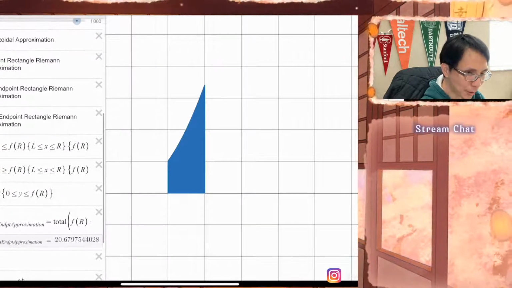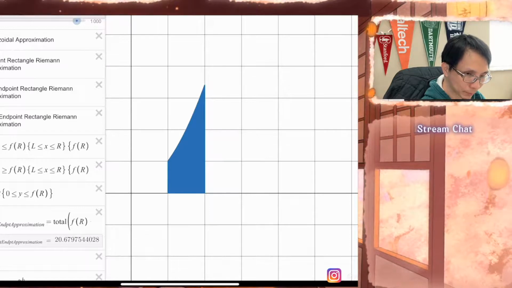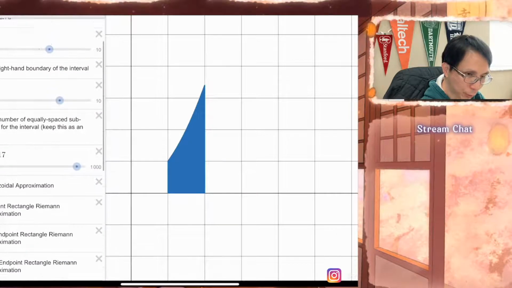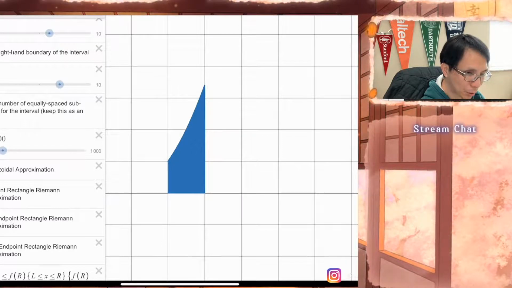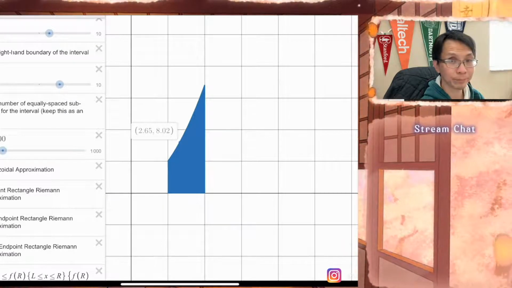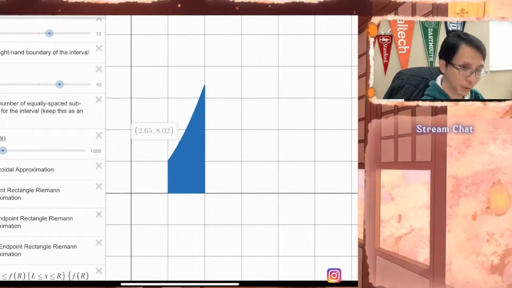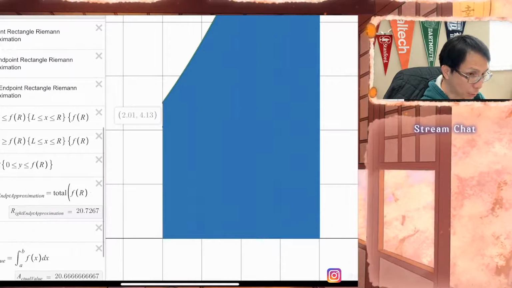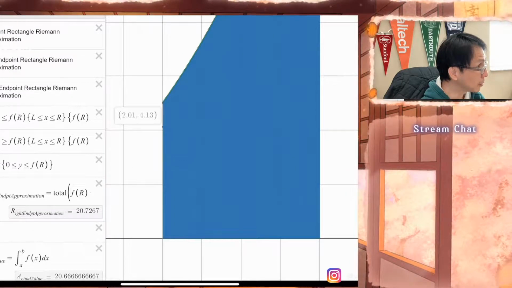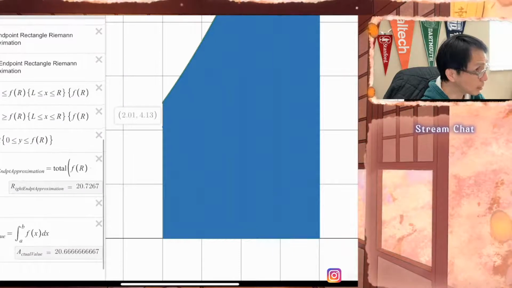And let's just use the midpoints. We're not going to do midpoint with a lot. We're going to do midpoint with 200 pieces, so n equals 200. You see this? It's already 20.72. Do you guys see that?